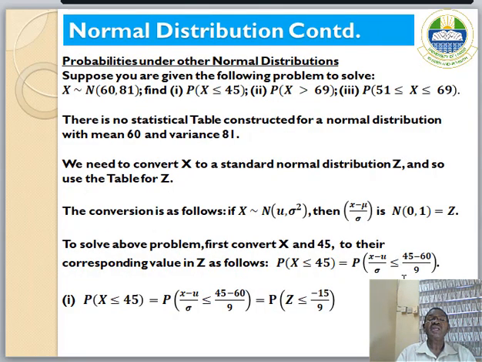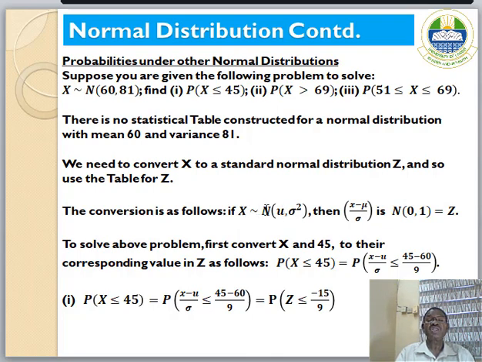Again, we can have a normal distribution which is not standard normal. For instance, this normal distribution X has mean 60 and variance 81. We can't use the normal table to find this. We have to change X to Z. How? See how we do it.